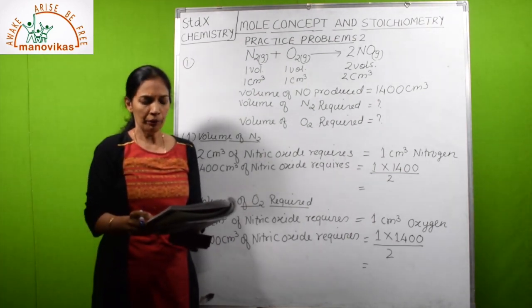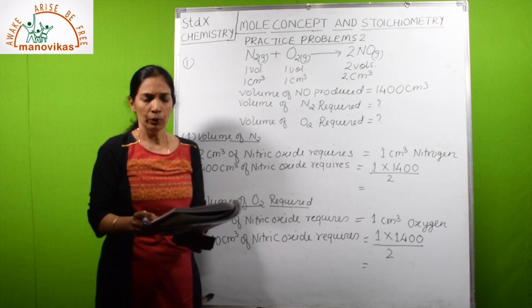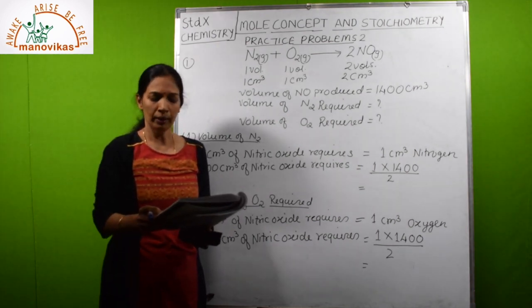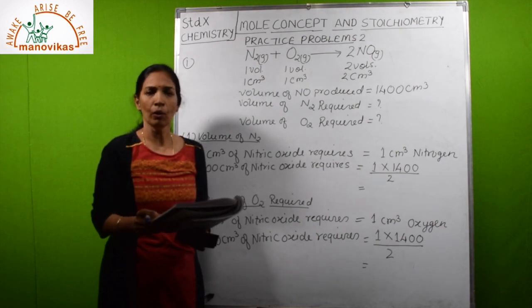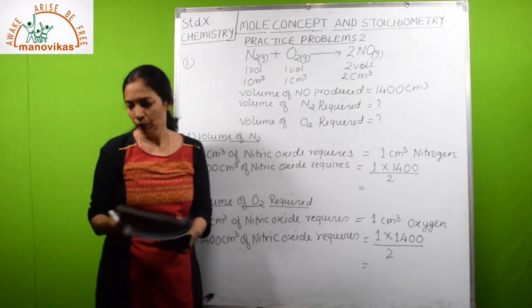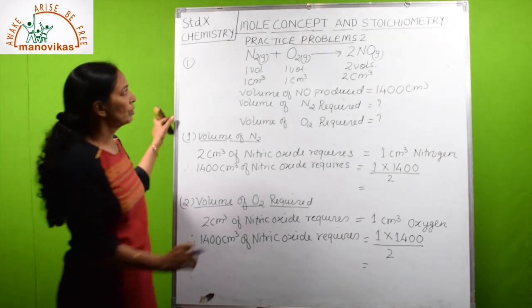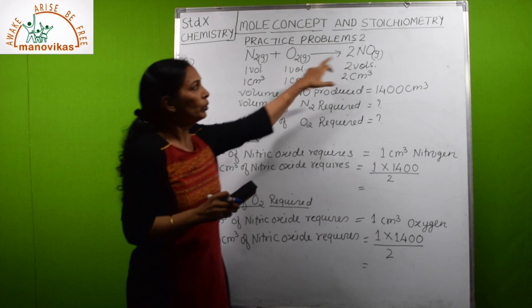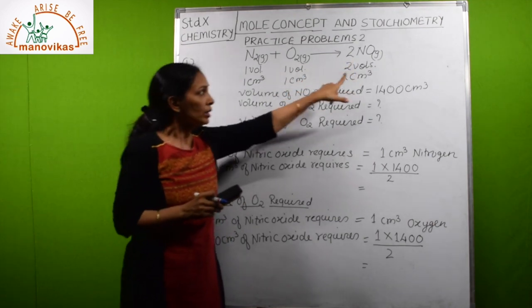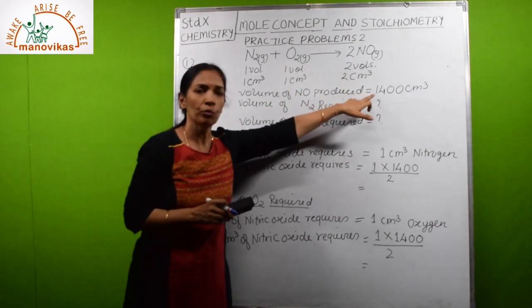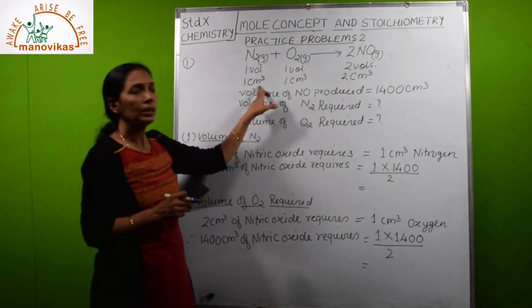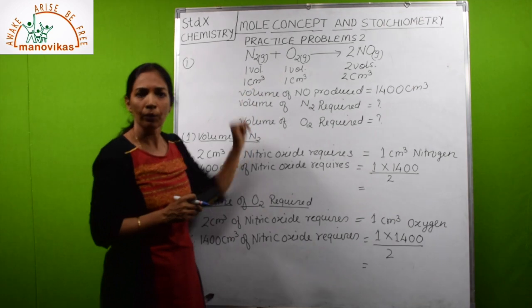Calculate the volume of reacting gases required to produce 1400 cubic centimeter of nitric oxide. So let us see the question. Nitrogen and oxygen combine and produce nitric oxide. For 1400 produced, how much nitrogen is required and how much oxygen is required?